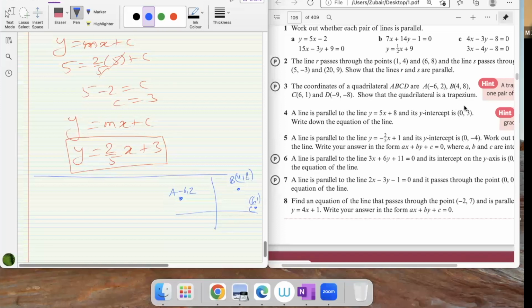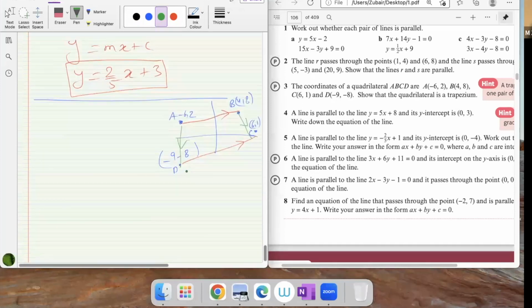And D is (-9, -8). So A, B, C, D. Now we can either check AB with DC, or AD with BC. Having a rough sketch, it is pretty obvious that we should first go for AB and DC.